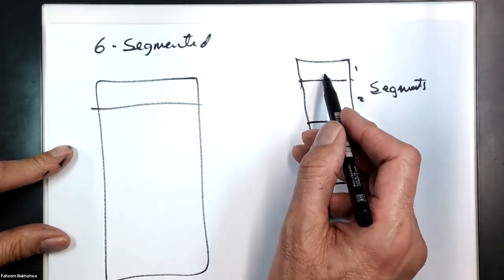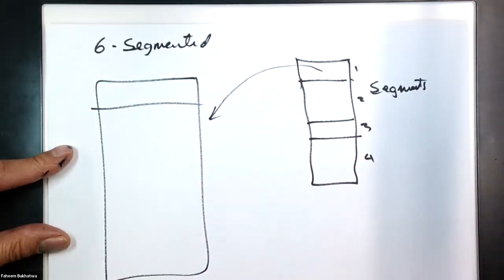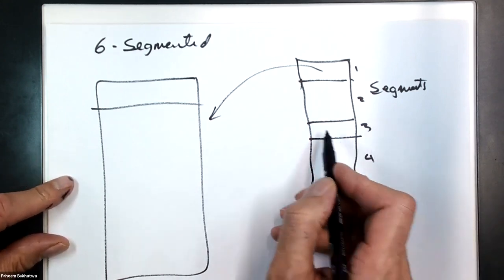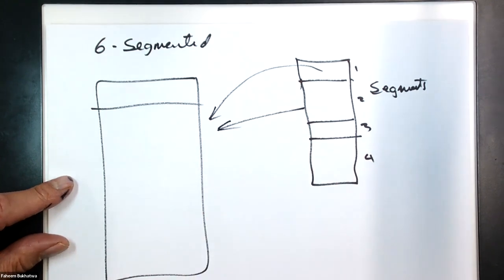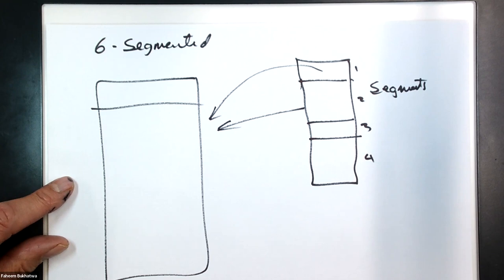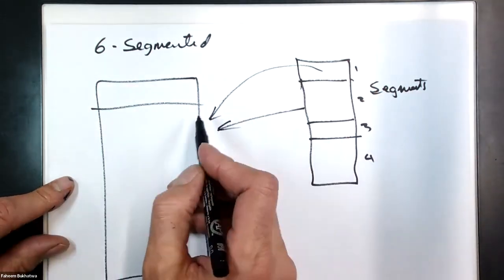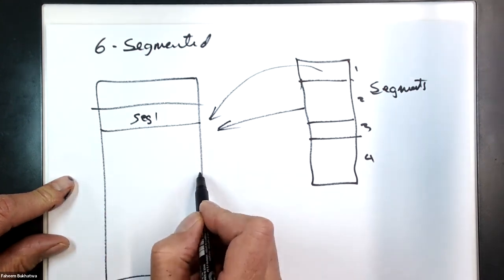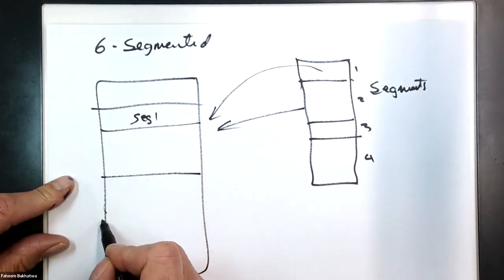Now you want to put segment 1 in there, for example. So let's say we're going to put 2 segments in there and leave the other segments out. So instead of demand paging, now demand segmentation. So we put segment 1 here and maybe segment number 2 there.